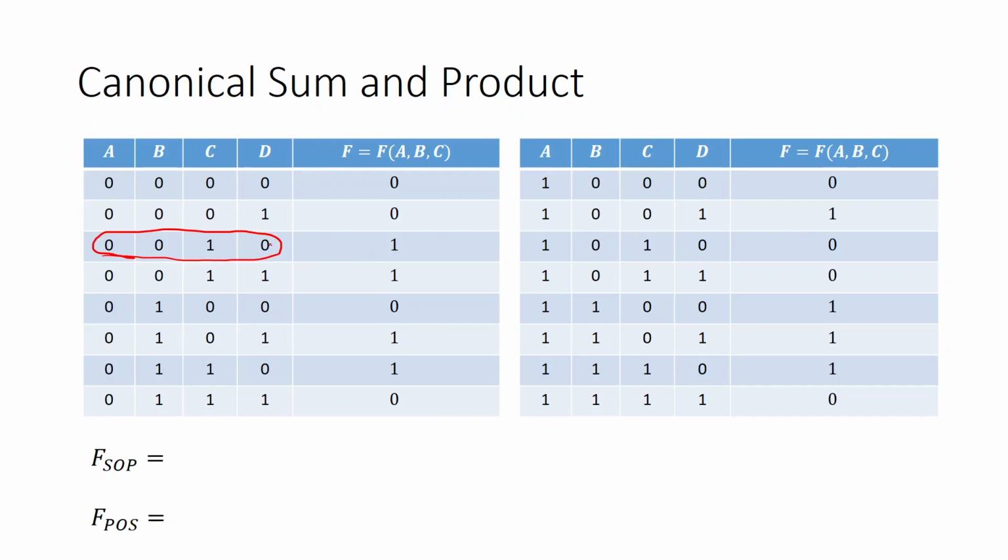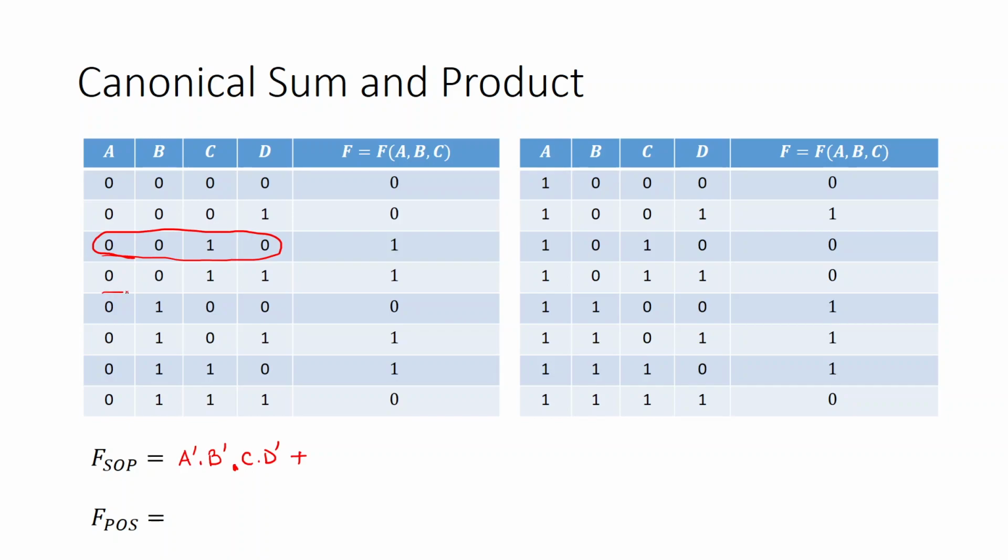Simply by looking at this input sequence, you know that my SOP will be A dashed, B dashed, C, D dashed. The first term will be this. What is the next term?